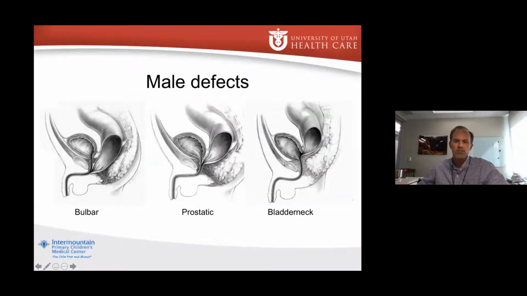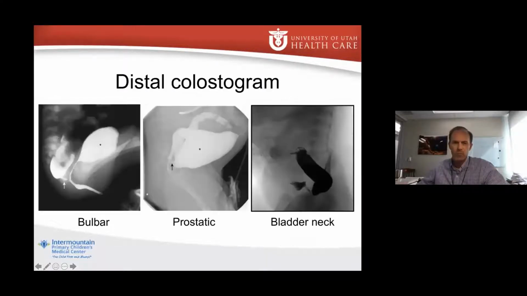So here's some artist renditions. I think these are helpful to see the sagittal view because you can see where the defect is. With some of these higher fistulas, they'll actually do a laparoscopic repair and dissect down through here and then disconnect the fistula from there and then do a pull through that way. One of the other things that you'll see these guys get is a distal colostogram.